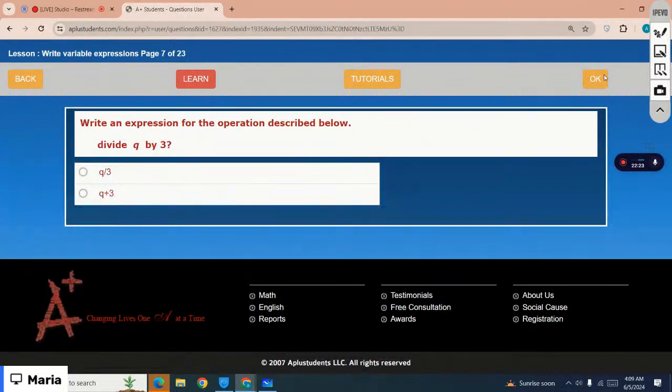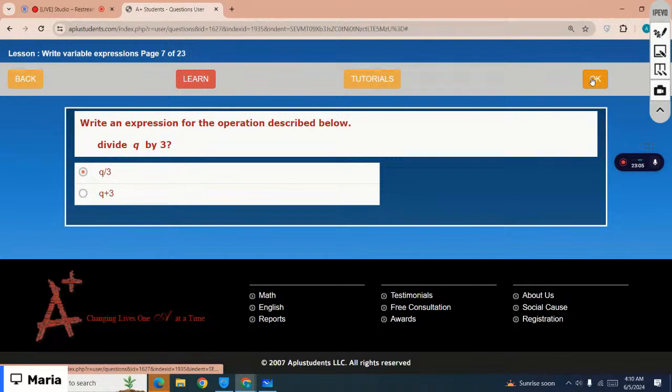Divide q by 3. Which is the correct option? That is q divided by 3.